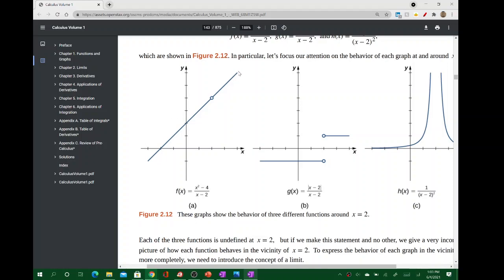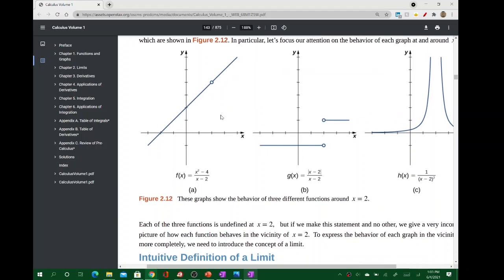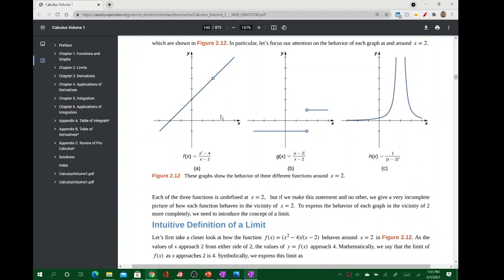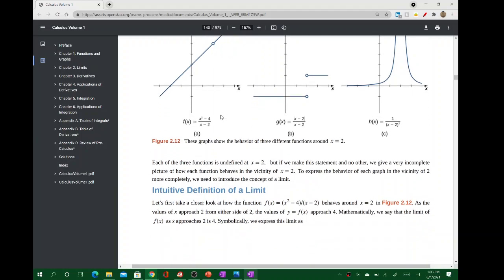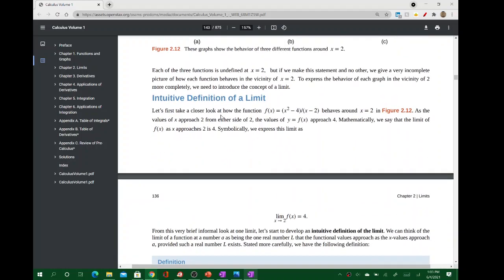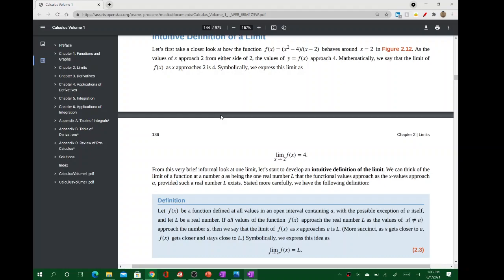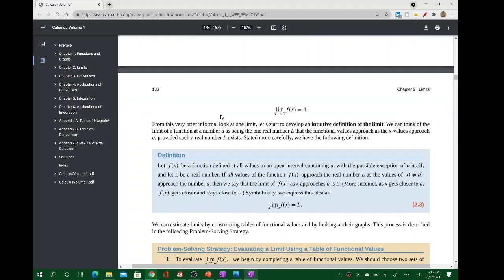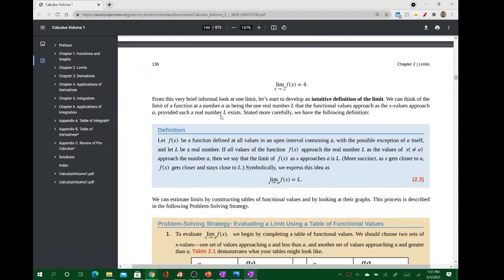And then from the right, as x approaches 2 from the right, it goes over here. I will explain what I mean by that later on.